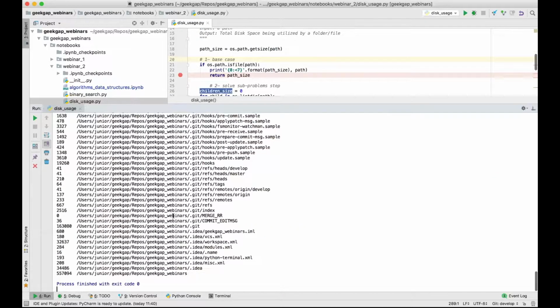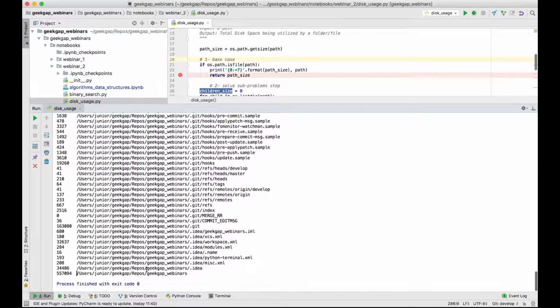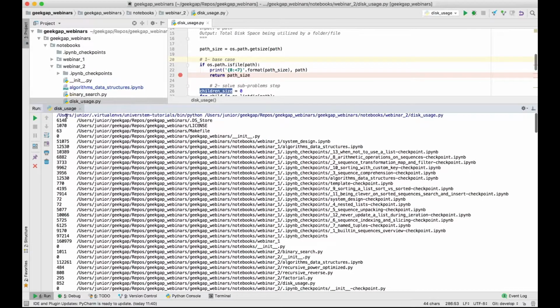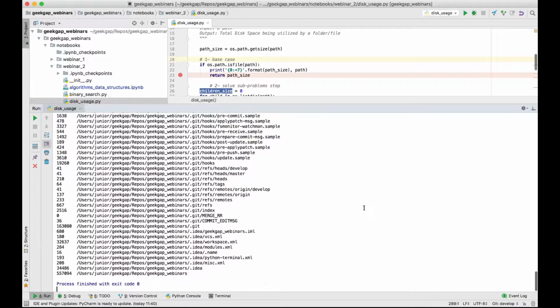You can see that it gives the size and it gives the path. It enters here, it computes, and so on. This file in particular has a size of 0. It goes out, and this is what is actually happening. So I'm going to move back to the slides.